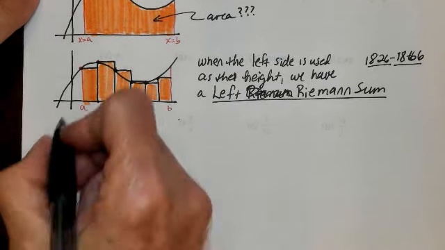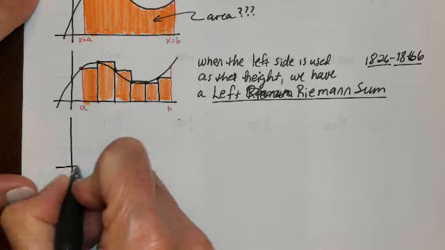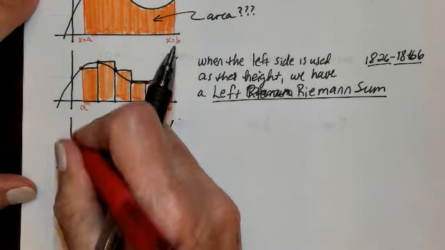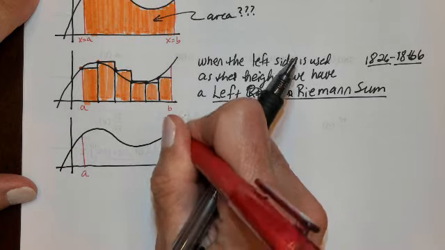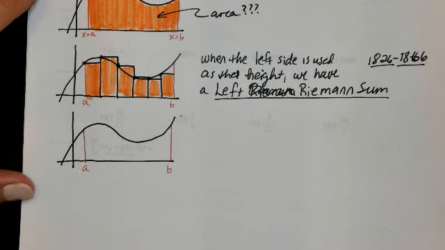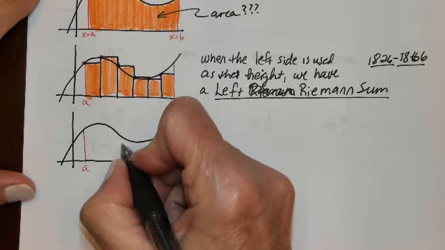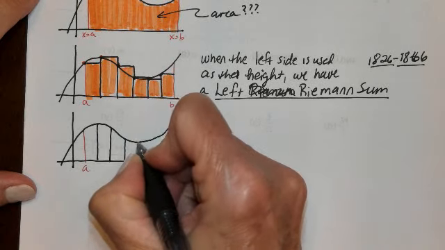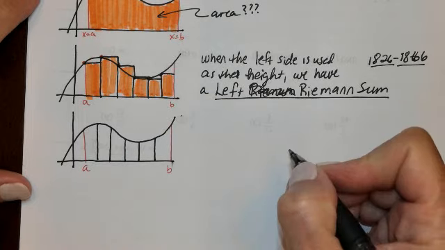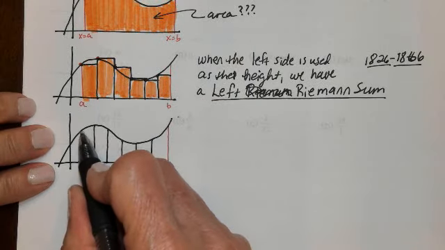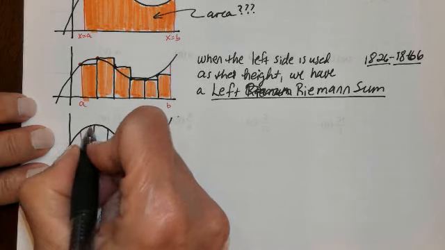Okay, so the next type of Riemann sum would be, trying to get a similar look to my curve and my area. So the next one, let's say that we still have those six sub-intervals. Okay, but this time, instead of using the left-hand side as the height for this first rectangle, I'm going to use the right-hand side as the height.